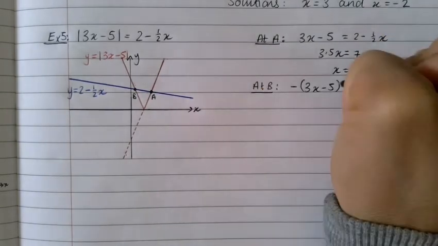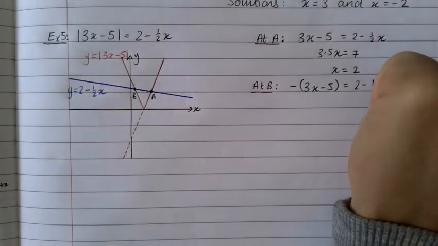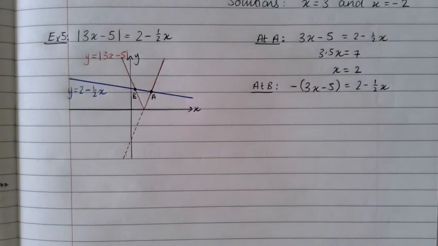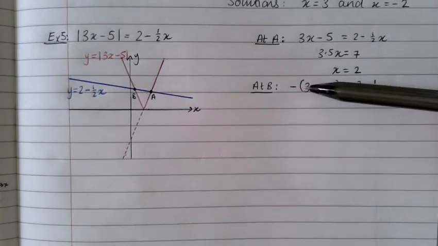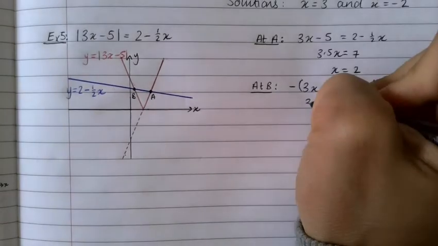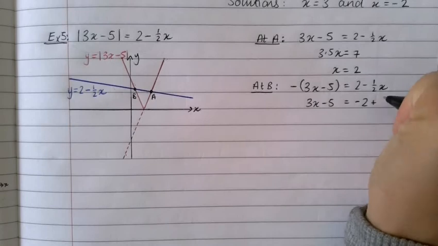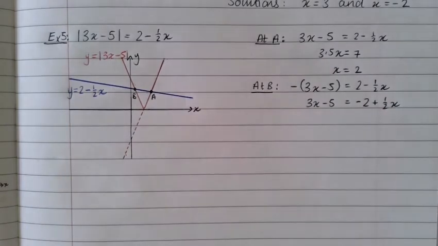And that is intersecting there with just the graph of 2 take away a half x. So again here you can multiply out these brackets, but normally I just like to divide both sides by -1 and get myself 3x take away 5 equals -2 plus a half x. That's just what I prefer to do, but it doesn't matter which one you do.